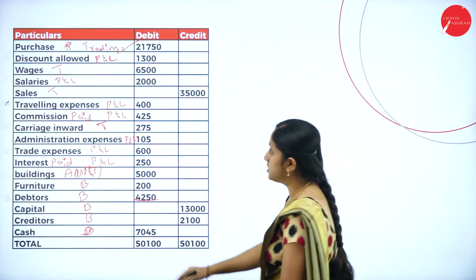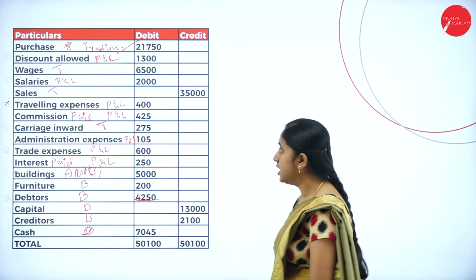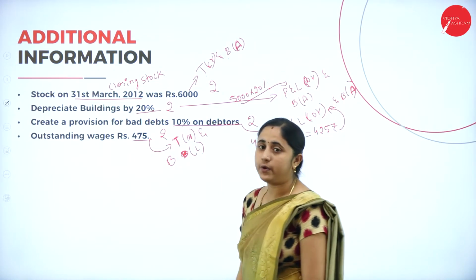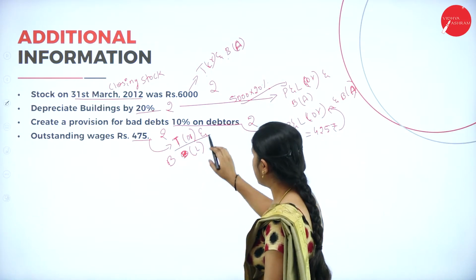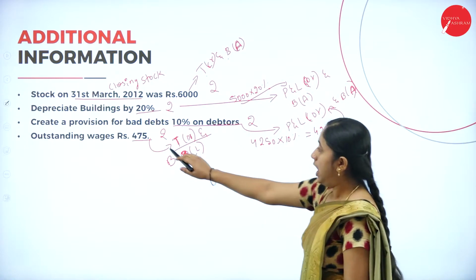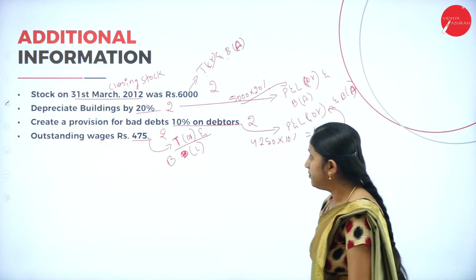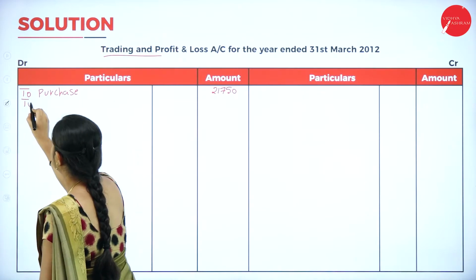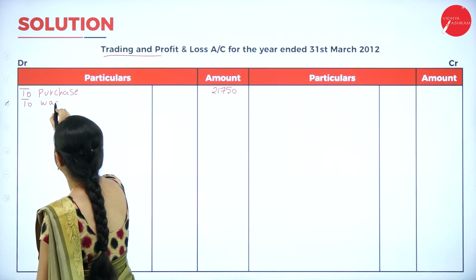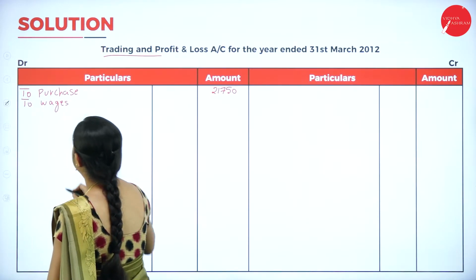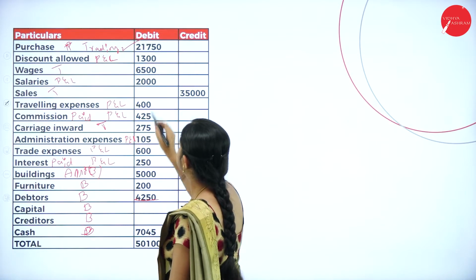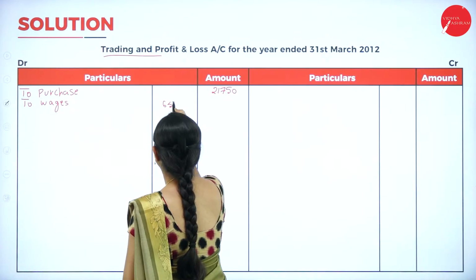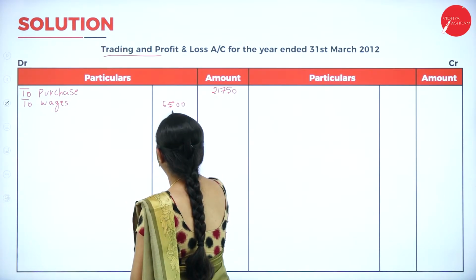Then wages. We have wages 6,500. Any adjustment related to wages? Here we have outstanding wages 475, which you need to consider in the trading account. So first, to wages, amount rupees 6,500.